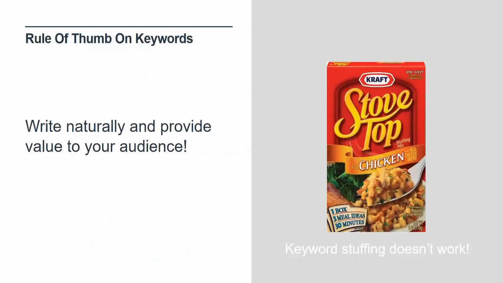A rule of thumb with keywords. It's an old tactic to overuse keywords. So they call that keyword stuffing. Again, provide sufficient value for your audience as best as you can. Please, please, please provide sufficient value. Don't worry so much about keyword density or trying to stuff in a phrase you found that is searched 320 times per month.